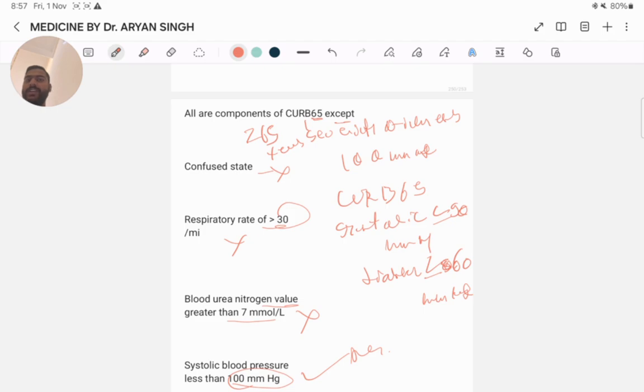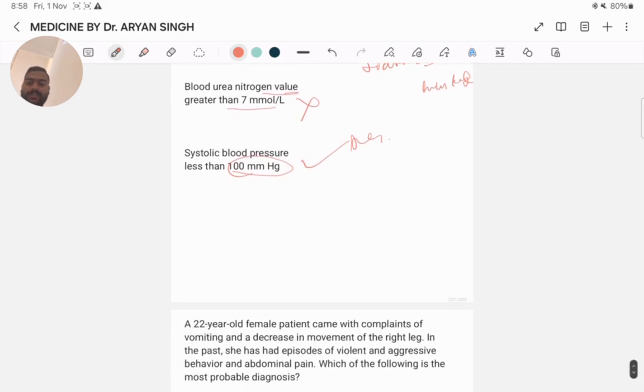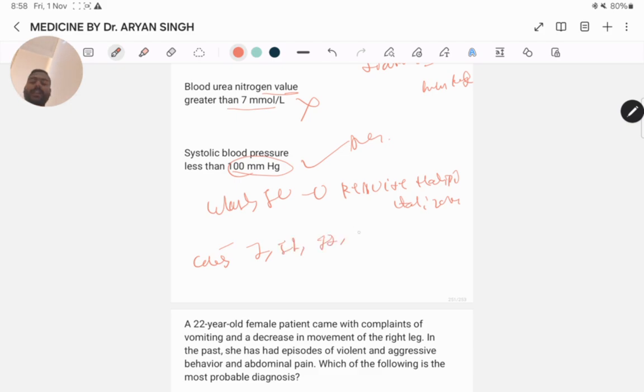Class 1, 2 and 3 are at low risk of death and can be treated on an outpatient basis. Class 4 and 5 require hospitalization.